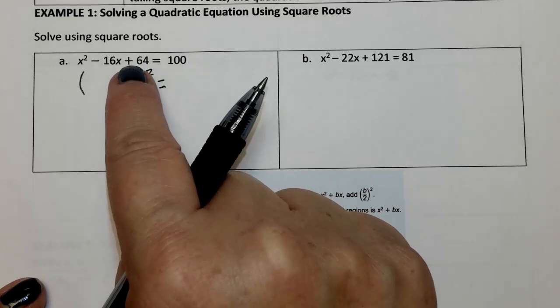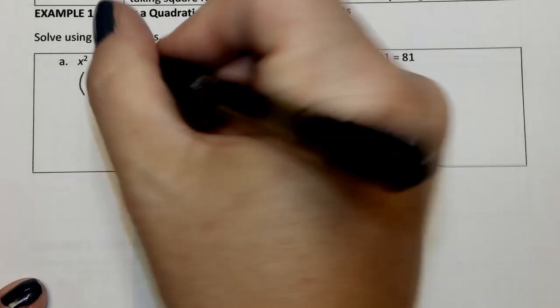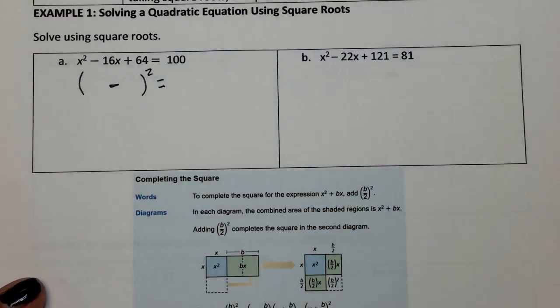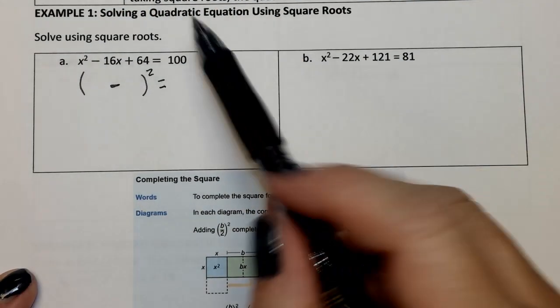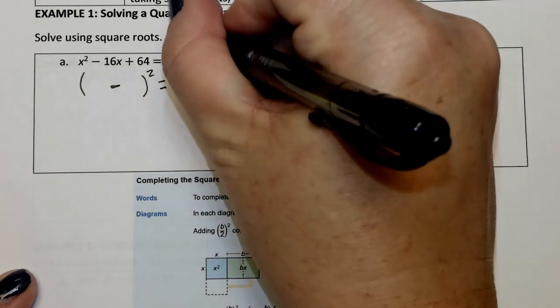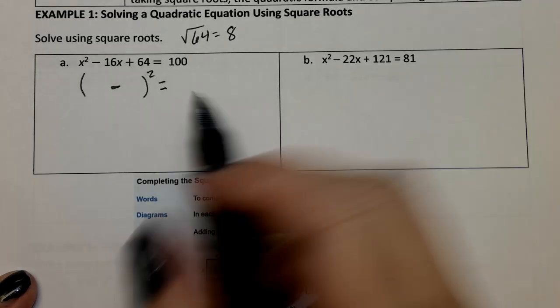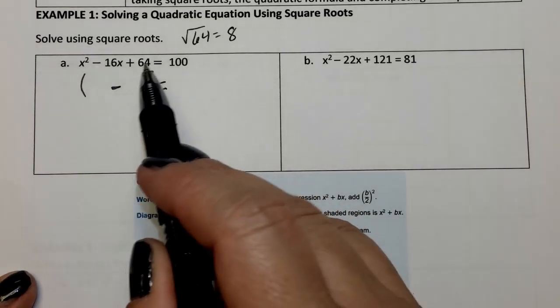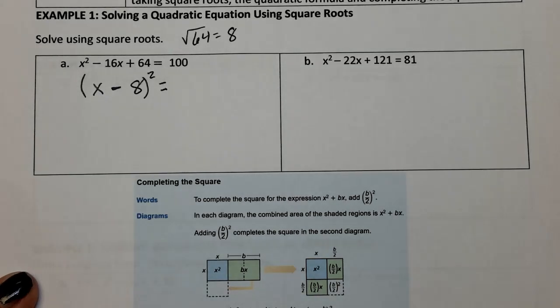Well, first off, we know if we have a product that's positive and a sum that's negative, that means our term inside should be subtracting. So we're really looking for the square root of 64. We know the square root of 64 equals 8, and 8 plus 8 is 16. Because of that, we're able to say that the inside is x minus 8 squared.